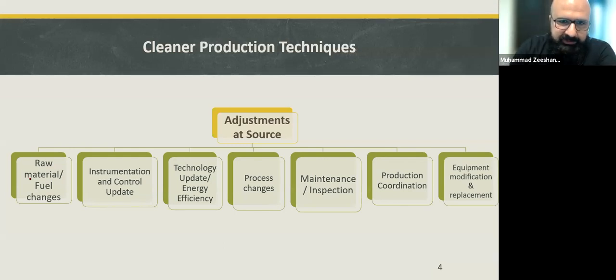We have certain options under the cleaner production techniques. For example, sometimes we reduce air pollution by changing raw material or fuel, right? I hope you all know, for example, sugar can be produced using sugarcane or beetroot, right?